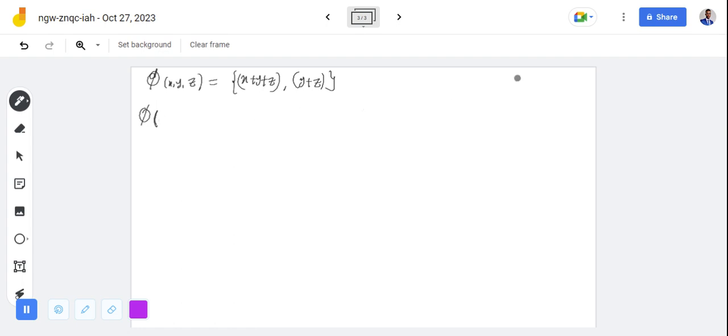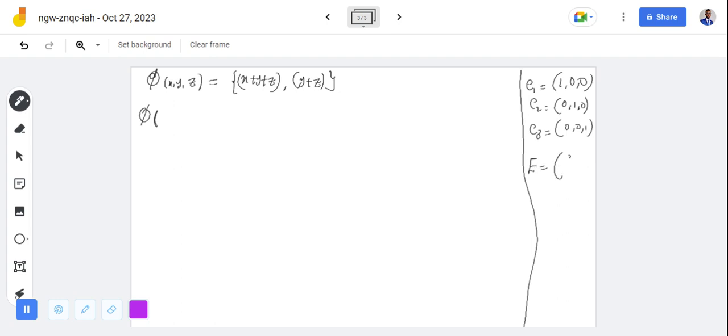Let me use this place as my workings. My E1 is 1, 0, 0. My E2 is 0, 1, 0. You can go and check. I hope you believe you know how I got this. 0, 0, 1. This is gotten from the identity matrix E, which equals E1, E2, E3.